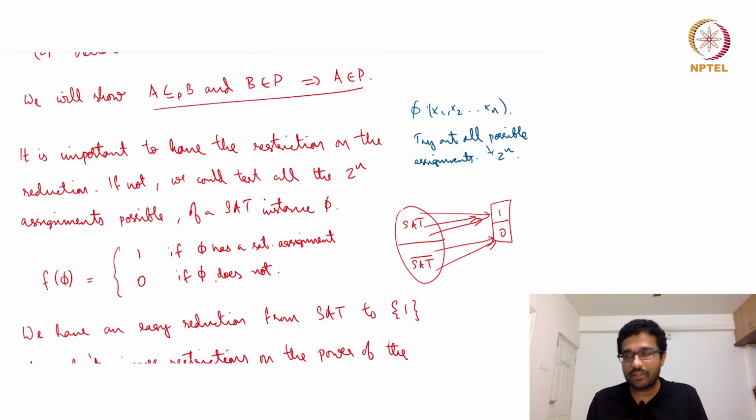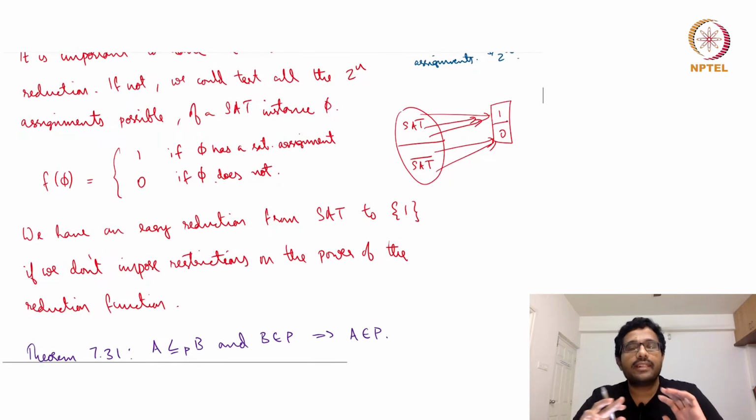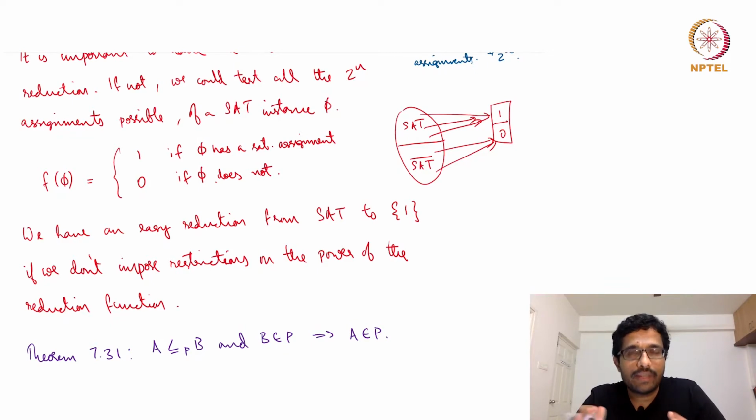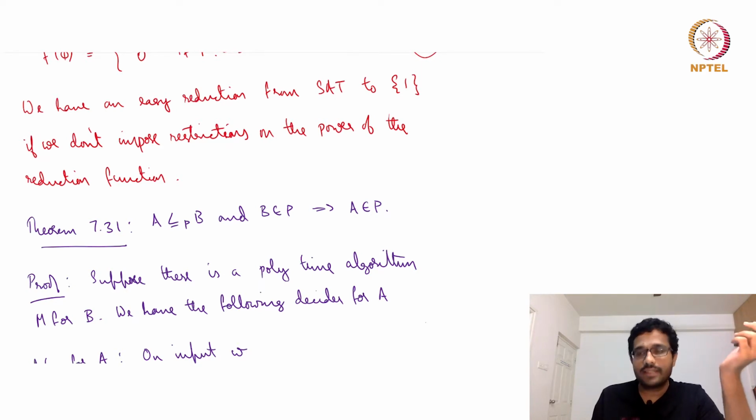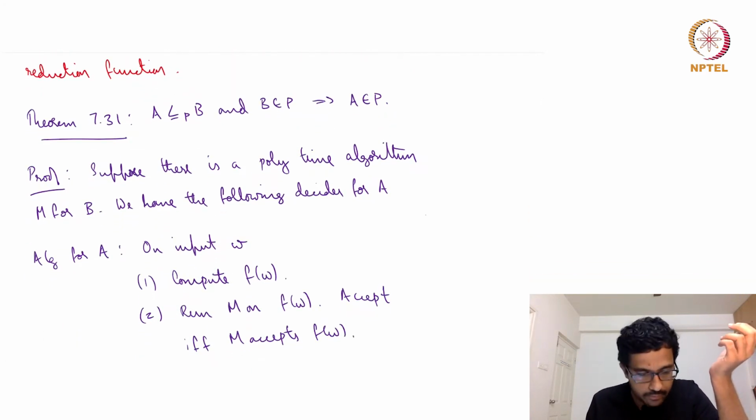But this reduction is not really meaningful because the reduction has too much power. So for us to get a better comparison across problems, it is important to limit the power of reductions. That is the point of imposing restrictions on the power of reduction.